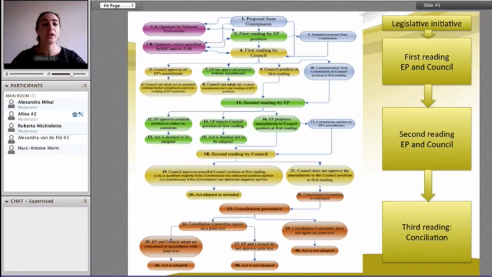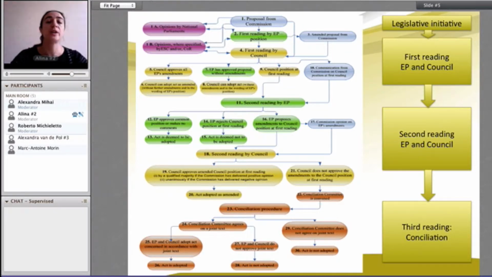So what you see here on the left is how everything starts. It looks complicated, but actually it's not, because the co-decision procedure encompasses 3 readings. So we have the legislative initiative that originates from the Commission with certain exceptions, and then we have the first reading with the European Parliament and the Council.